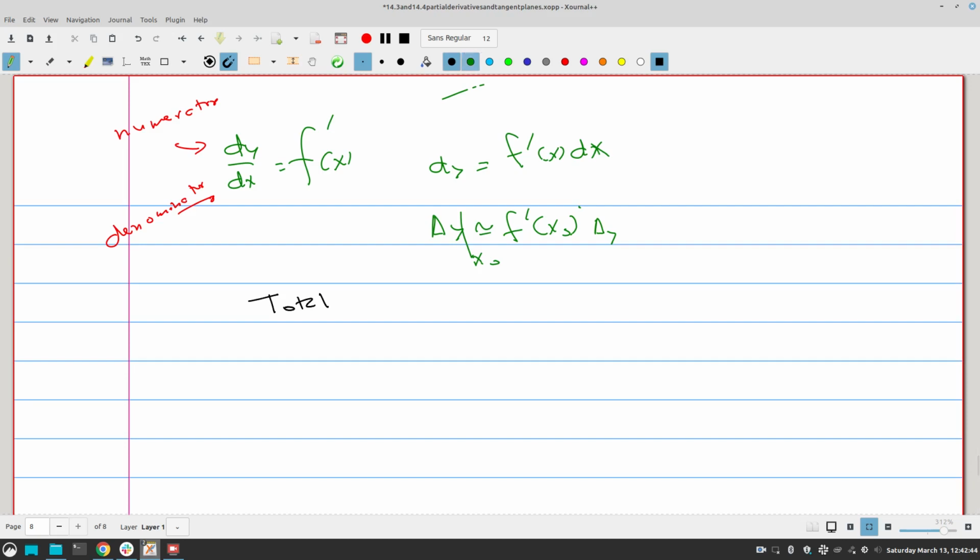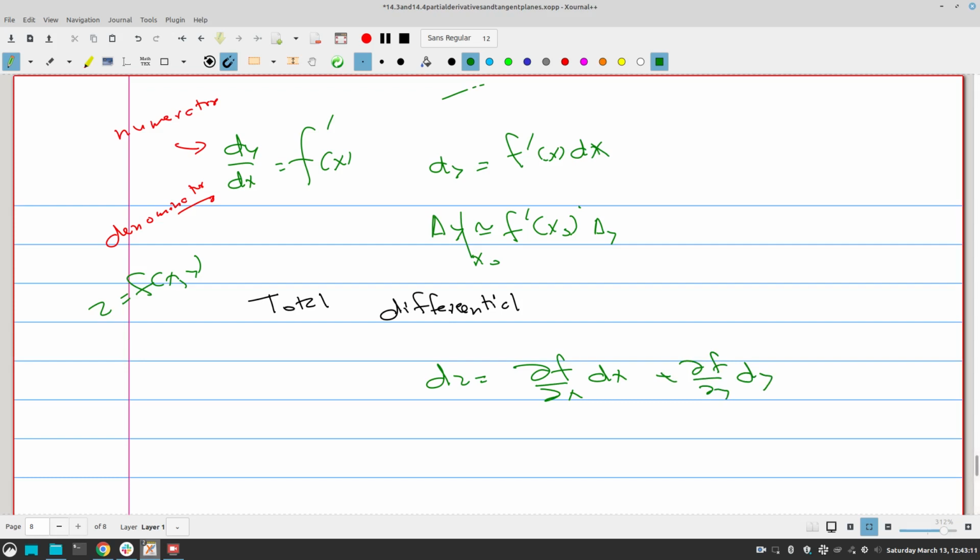We start off with the function z equals f of x, y. The total differential is defined as dz equals df over dx times dx plus df over dy times dy. This is the definition of the total differential.